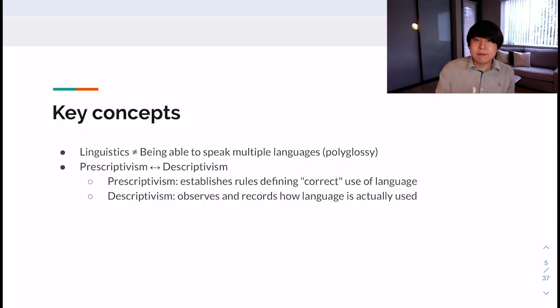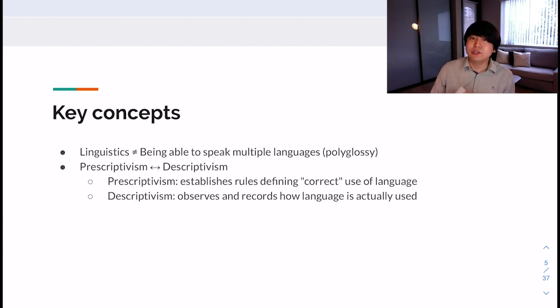There's a very important distinction between prescriptivism and descriptivism. A prescriptive approach to language tries to find rules that define the correct or preferred or standard use of language. For example, never split an infinitive, never end a sentence with a preposition, double negative is not allowed.